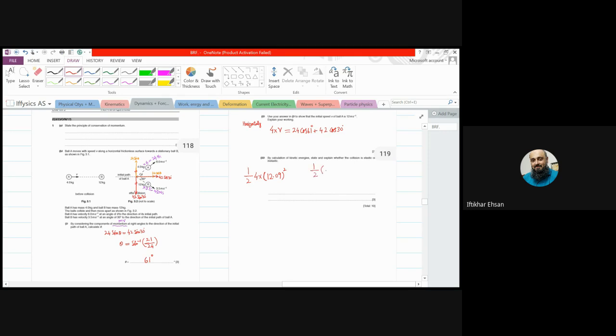And what will be the final kinetic energy? After collision, the 4 kg mass has a velocity of 6, and it is going to be 72 joules, and the 12 kg mass is having 3.5 squared. Can you please calculate these two values to check whether it stays the same or not?